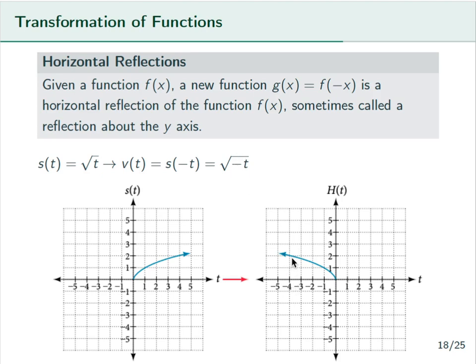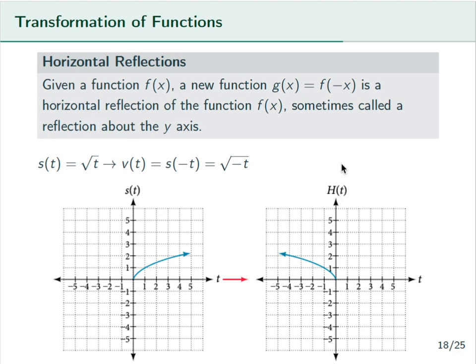So -4 will give me +2 as an output. -1 gives me +1, here's +1. So this is a horizontal reflection, which means we reflect about the y-axis.